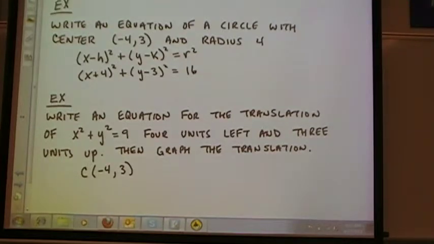It's the same as it was in the first example, except the radius is different. (x plus 4) squared plus (y minus 3) squared equals 3 squared, which is 9. Okay. So then from there, we've got to graph the translation, which we are about to do.